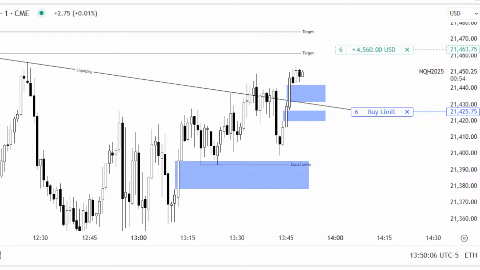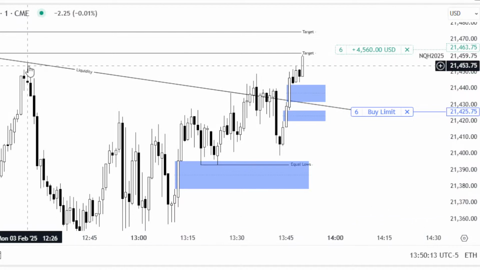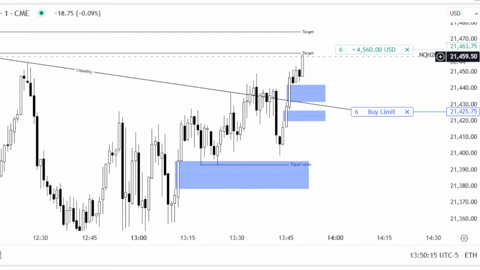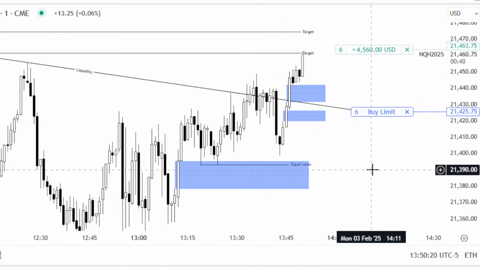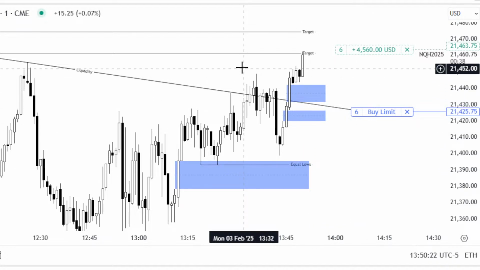Probably gonna push through it, through this bar, this one here, targets getting smashed.